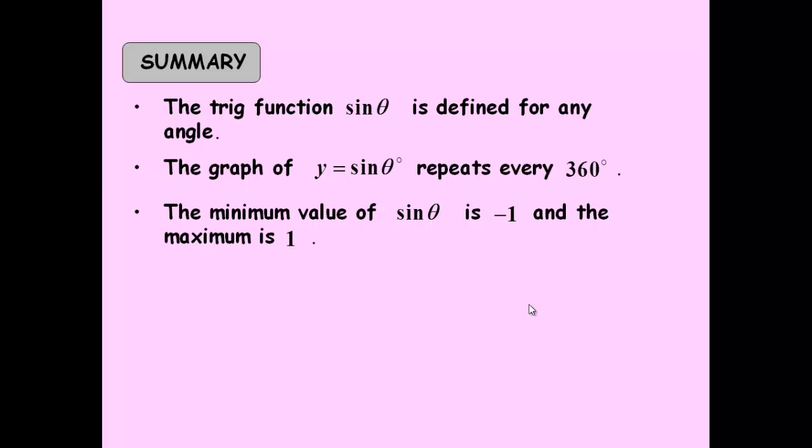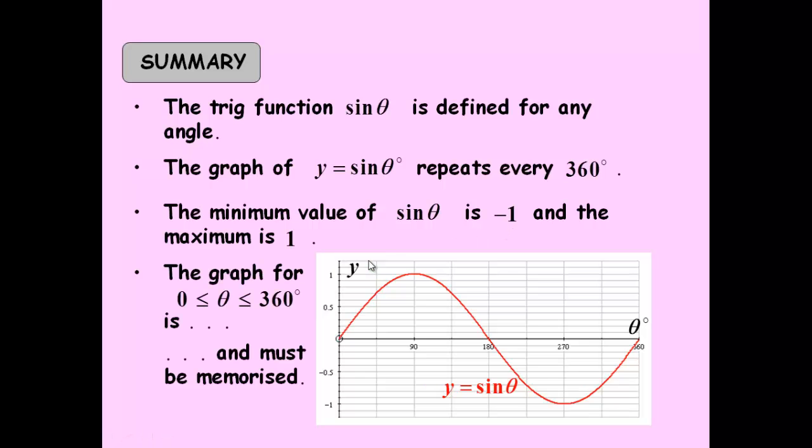So theta is a member of the set of real numbers, if you like. It repeats every 360 degrees. It has a minimum value of -1 and a maximum of 1. This is the graph, and you really do need to memorise it. You can use your calculators to find it in Core 2, but the more familiar you are with it, the easier you're going to find all of the many times when you need to use it.